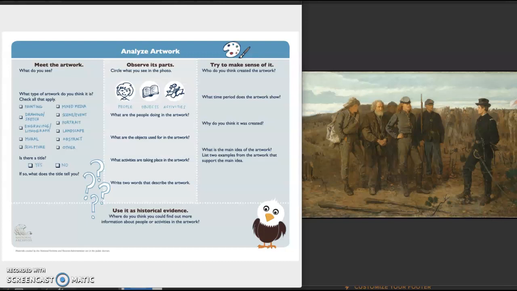The Confederate soldiers are very dirty, and the Union soldiers are very clean, well kept, and look like they have either showered or have upkeep in their regiment. And what activities are taking place? From the title, it infers that the Confederates are surrendering.